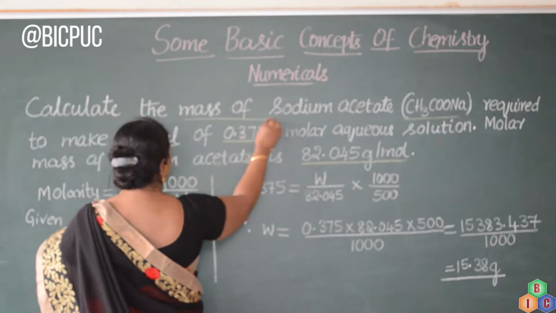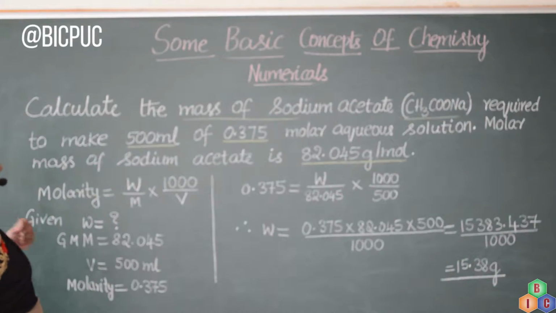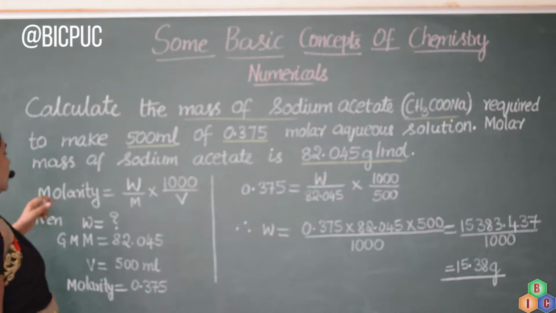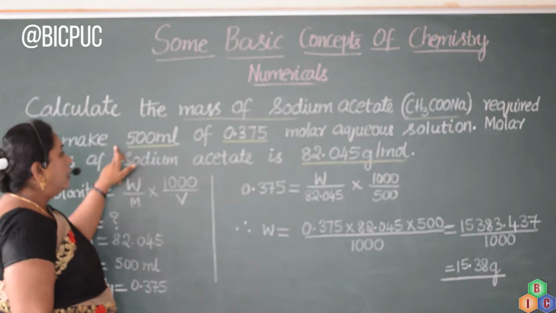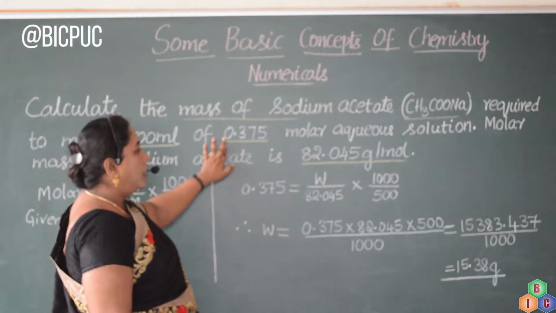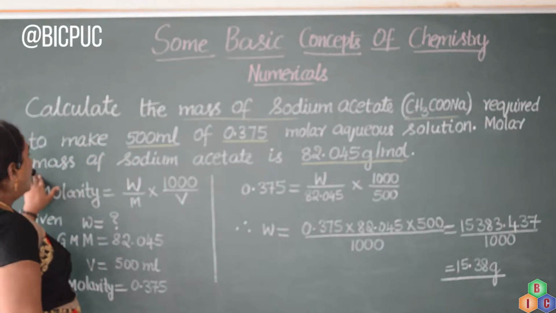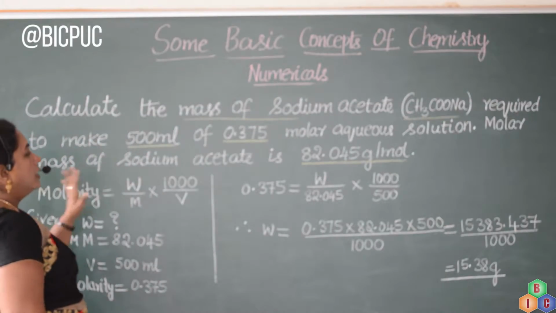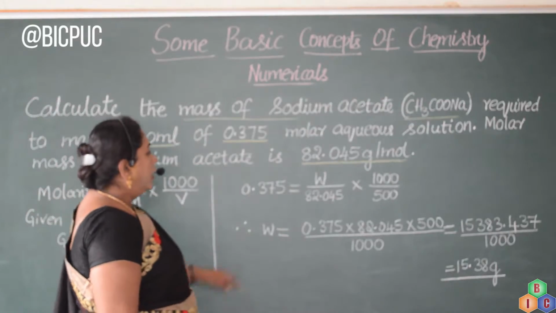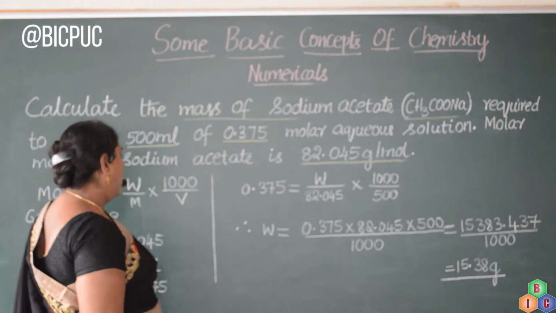The mass of sodium acetate that is actually required for us to prepare 500 ml of 0.375 molar aqueous solution, wherein the molecular mass of sodium acetate is found to be 82.045 gram for 1 mole.